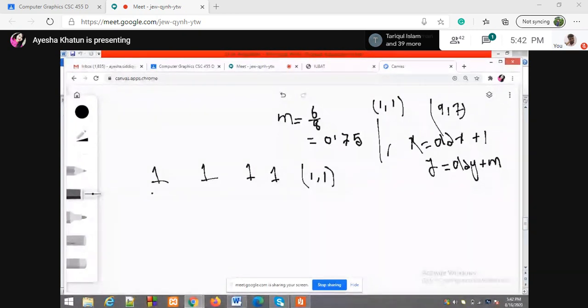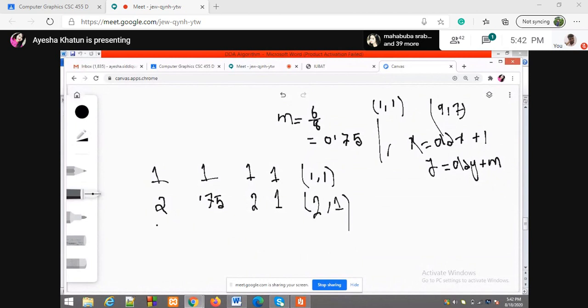Second one will be, so x will be incremented by 1, so it will be 2. Y will be y plus m, that is 0.75. So 0.75, so I can take here 2, and 0.75 can be taken as 1, right? So I will get 2 and 1, right? So you have to go like this. It is easier.